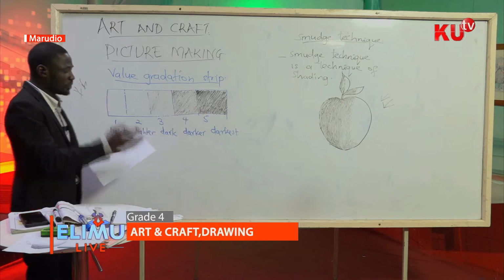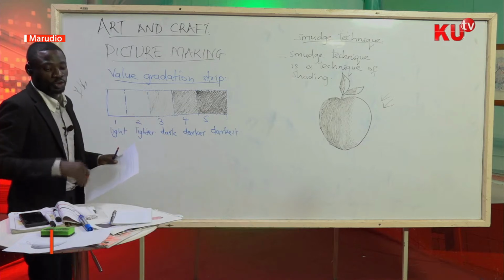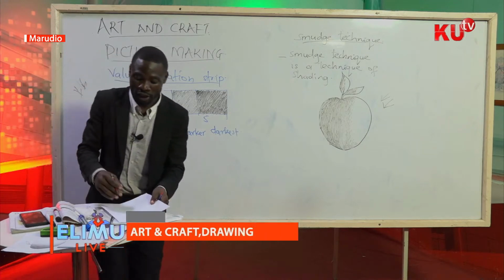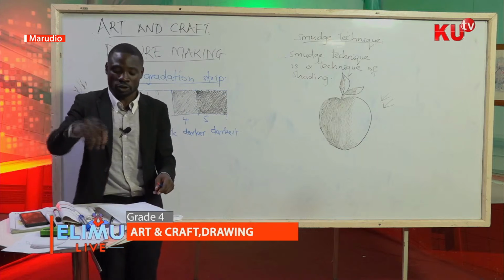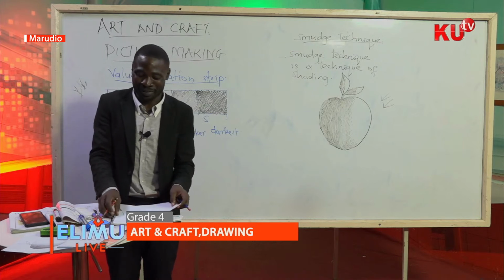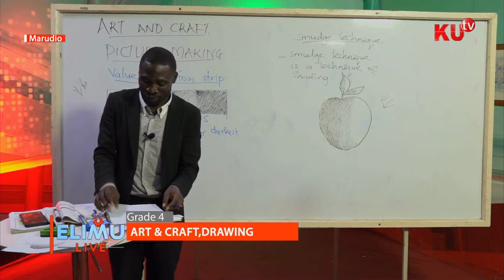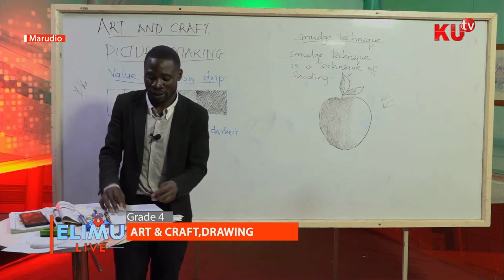So we are going to do the same thing that we did earlier on the board. We are going to do it together: as I shade mine, you also shade. The first one that you did was a fair copy. I want us to come up with the final one now.